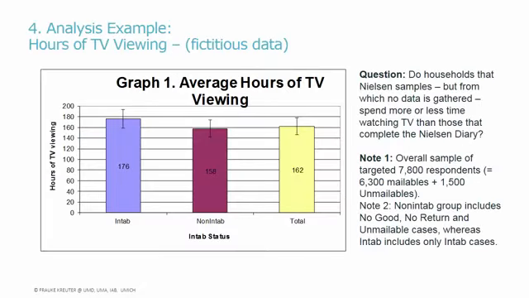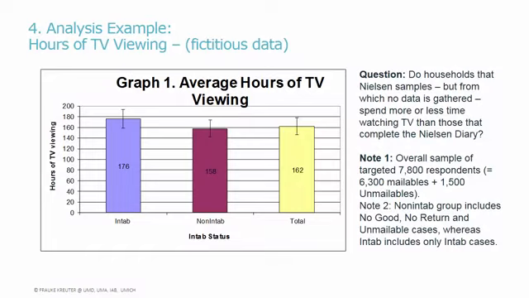This was the plan ahead of time. And this analysis example was also a plan ahead of time to determine if the sample size is enough, but also to make sure that all reporting requirements in our graphs can actually be delivered at the end of the study. So here you see the two important subgroups, INTABs and non-INTABs, so respondents and non-respondents, and a total, and an outcome variable, hours of TV viewing, right?